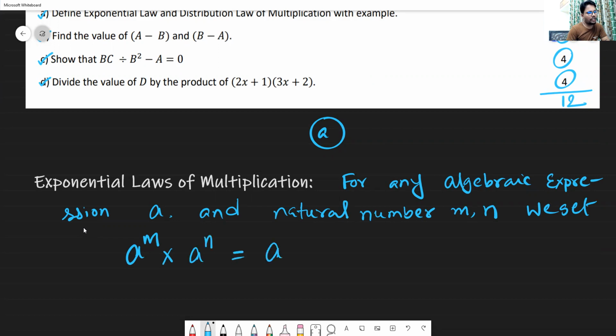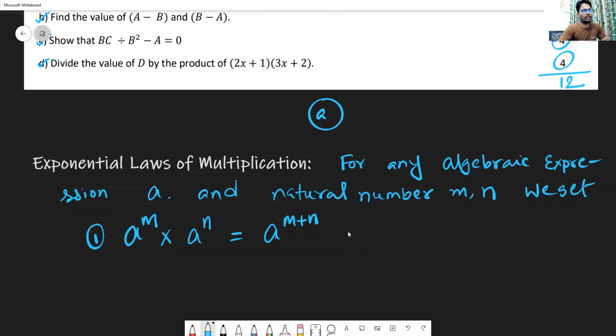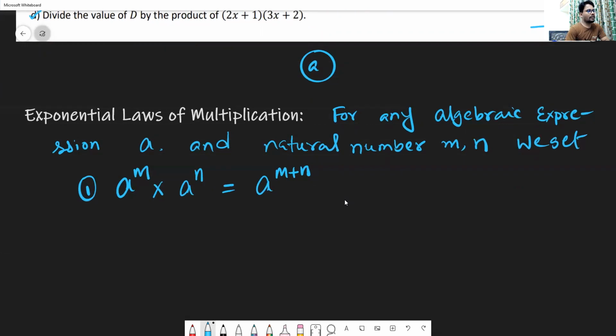This one will be a to the power m plus n. This is the first formula, or we can write here number 2, a to the power m multiplied by n is equal to a to the power mn. So there are 2 formulas for any algebraic expression A and 2 non-negative numbers, or natural numbers m and n.